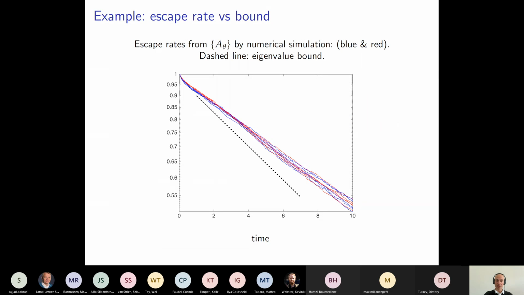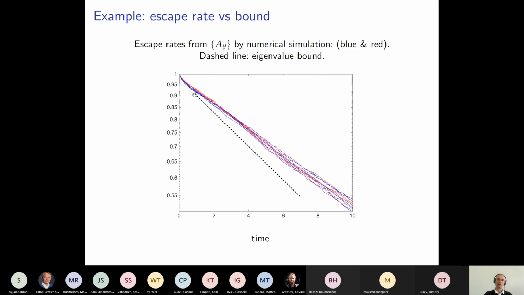And now I'm checking my theorem quantitatively. I'm counting the number of points staying blue up to some time. Red and blue here doesn't mean the same as before. There are 10 different simulations.